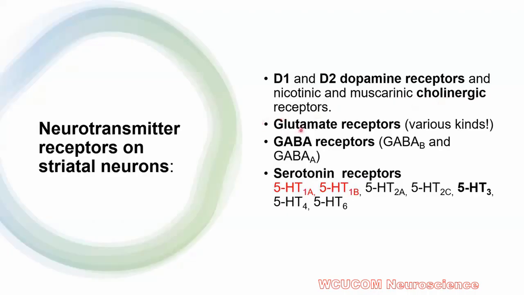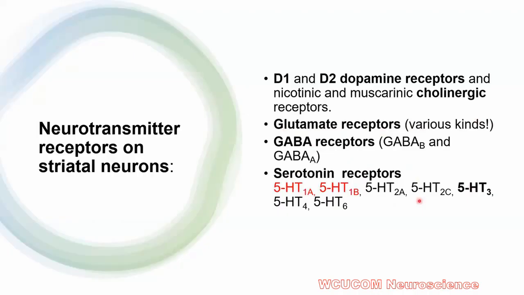Of course, not surprisingly, the various types of glutamate receptors are also present here, and GABA receptors, GABA B and GABA A, and a wide array of serotonin receptors.